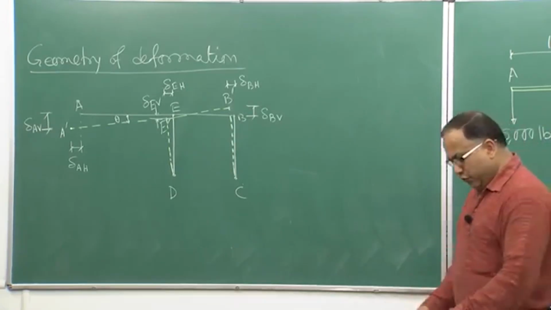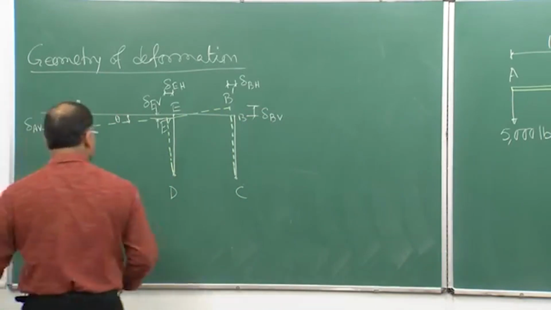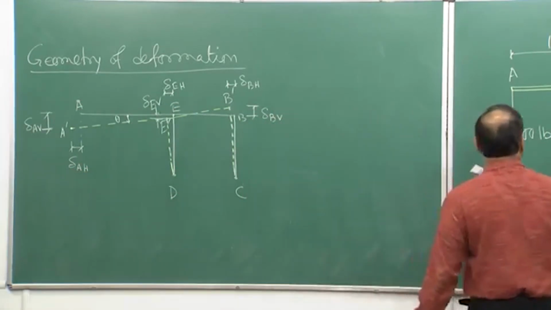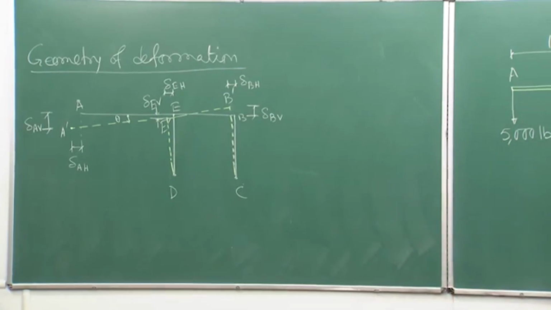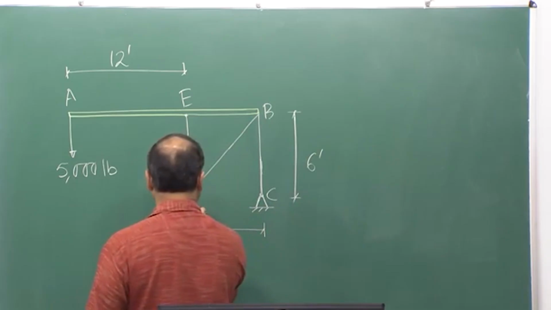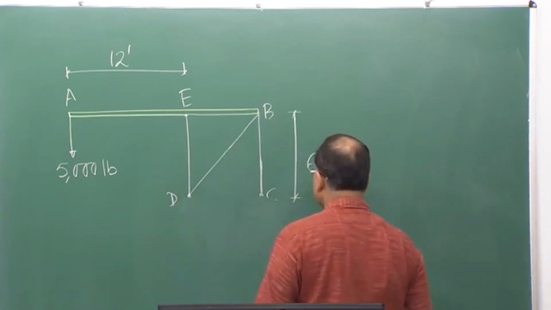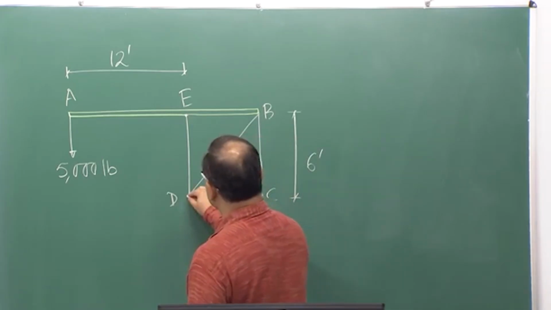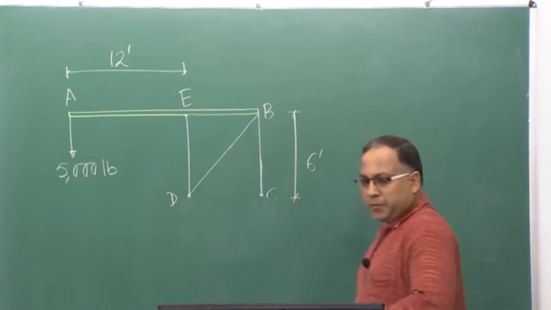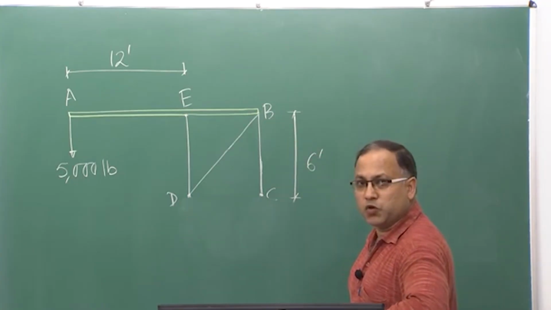Now, if you try to find the free body diagram of the system, what should I do? I should remove these supports and replace them with the reaction forces. As I told you, BC is the two force member.